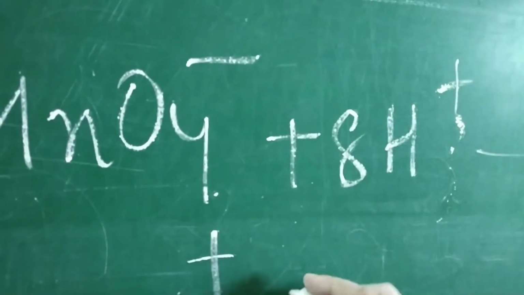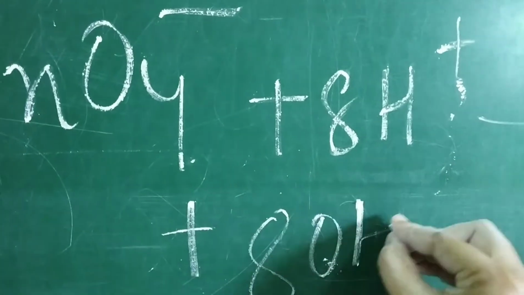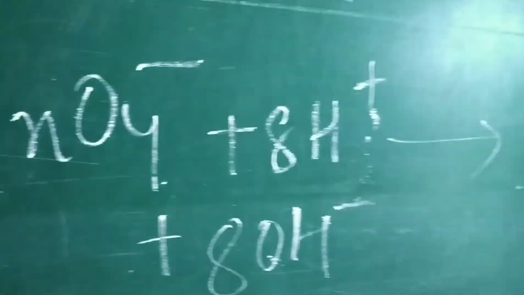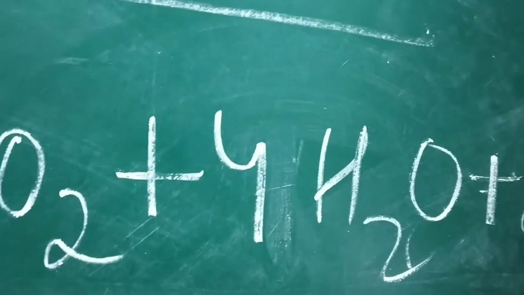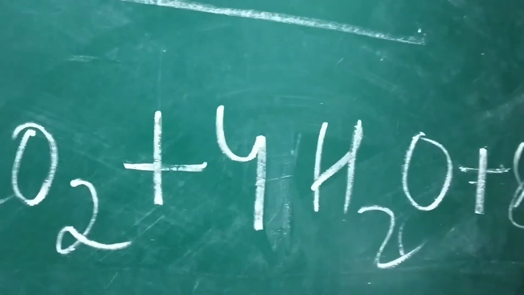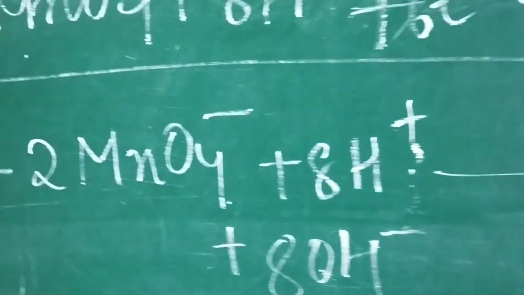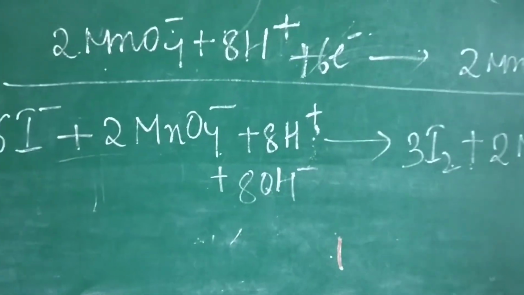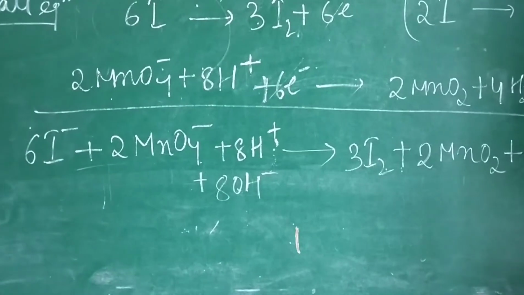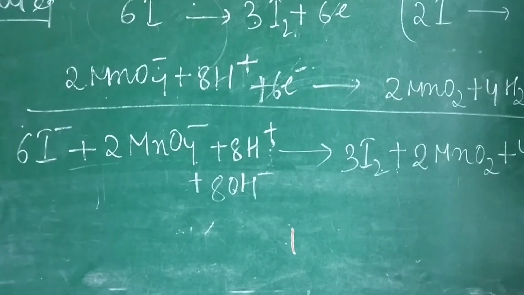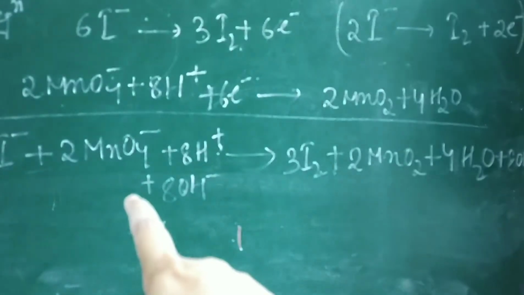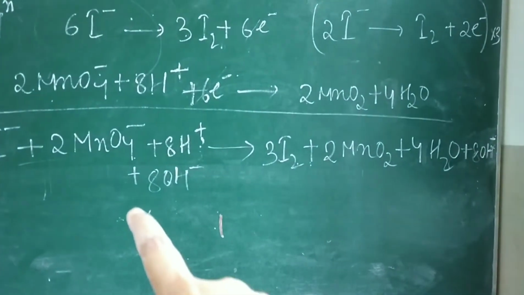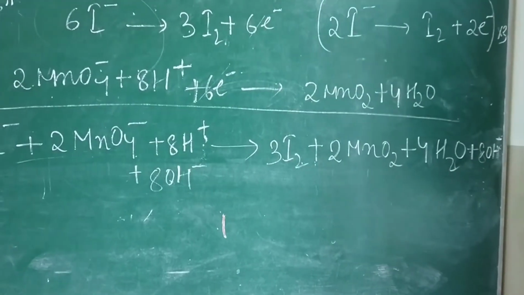Here, if we add 8 OH minus ions on the reactant side, then we will add again 8 OH minus ions on the product side also. Now we know that H plus ions and OH minus ions combine to give water. So 8 H plus ions plus 8 OH minus ions will give 8 H2O, correct?